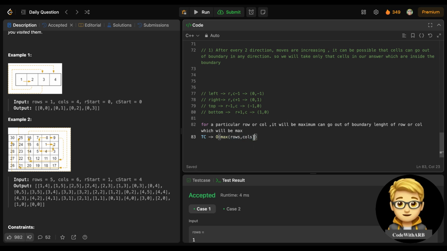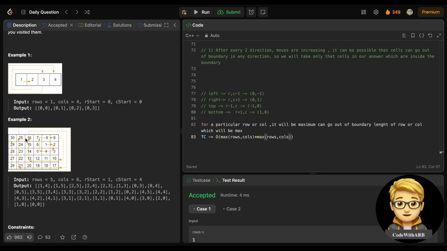For each row, it can go a maximum of double times, because we are moving in a spiral form. How can I analyze how many times it can go out of boundary and move back? That would be one plus move from the previous one. It cannot be greater than one plus move, and it can only be till the number of rows and the maximum of columns.